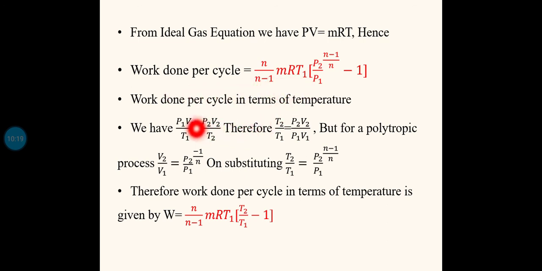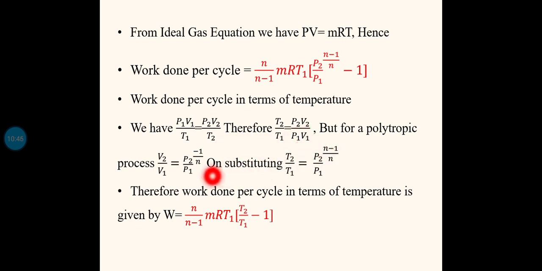Now work done per cycle in terms of temperature ratio we will obtain as follows. Here it is in terms of pressure ratio. Instead of this pressure ratio, if you want to calculate the work done per cycle in terms of temperature ratio, we have the general equation P1 V1 by T1 equal to P2 V2 by T2. Therefore T2 by T1 equal to P2 V2 divided by P1 V1.